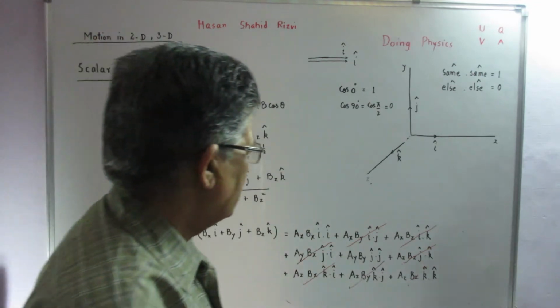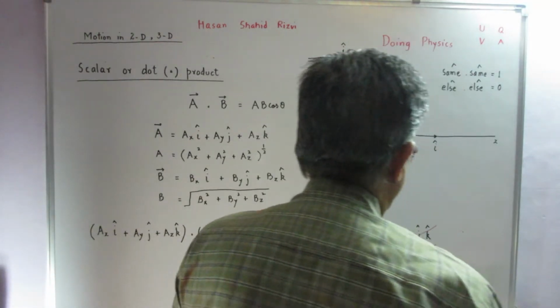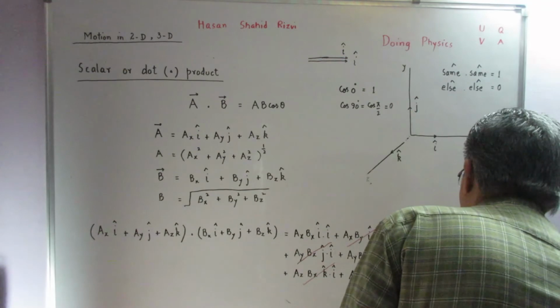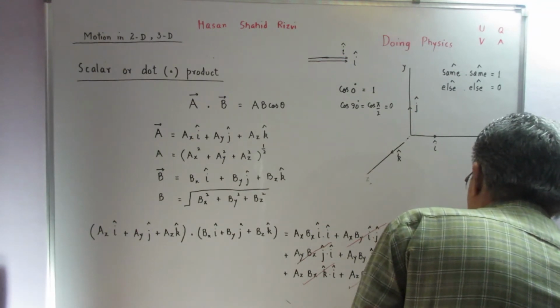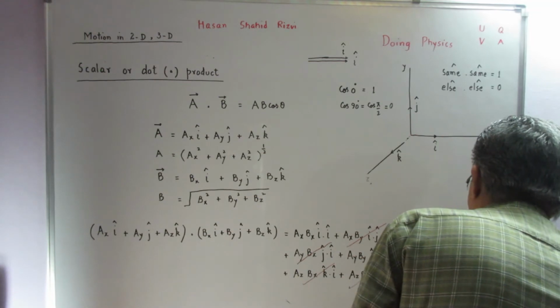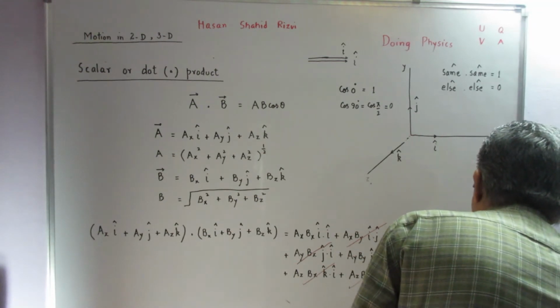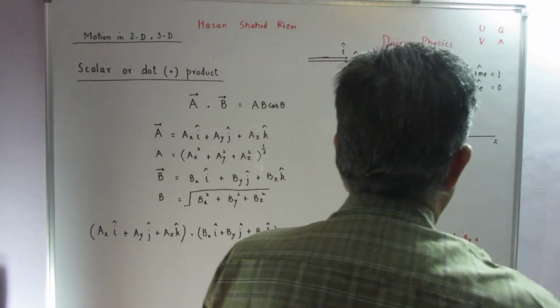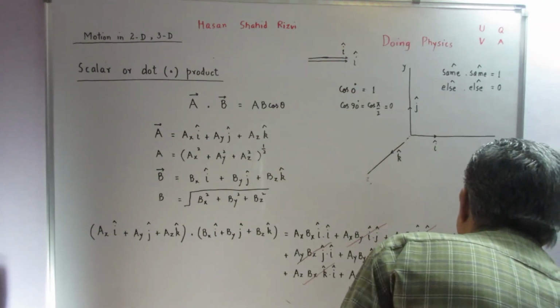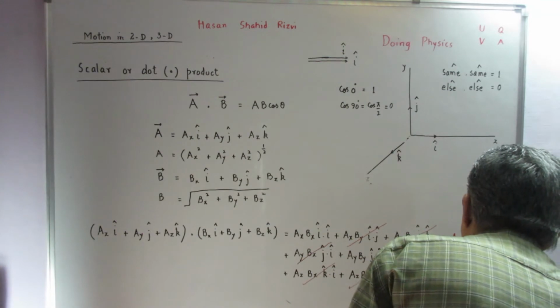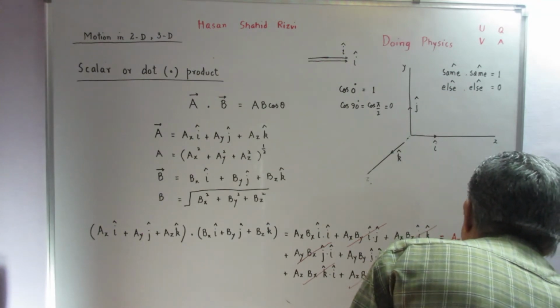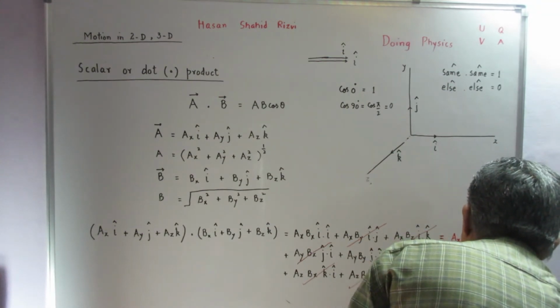So I can write that this is equal to Ax Bx plus Ay By plus Az Bz.